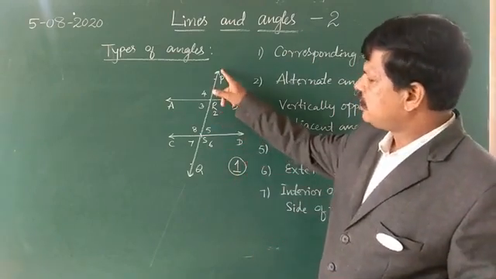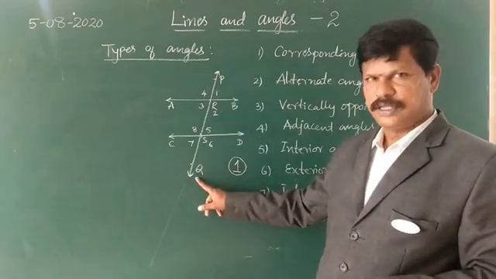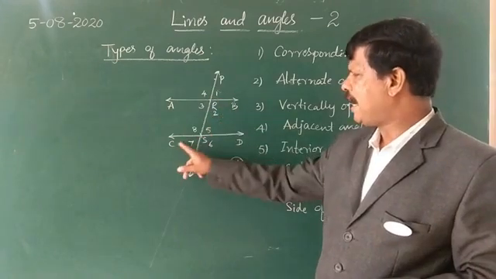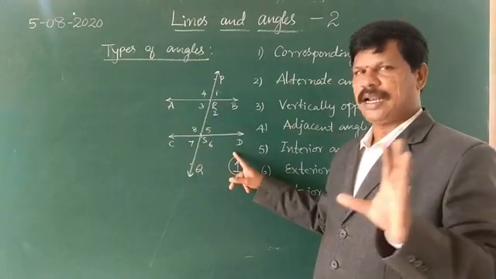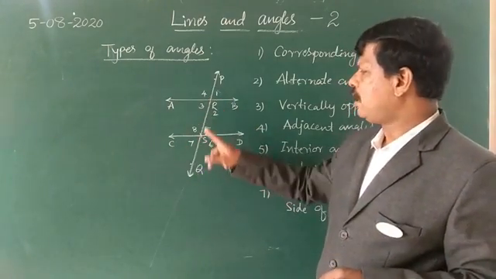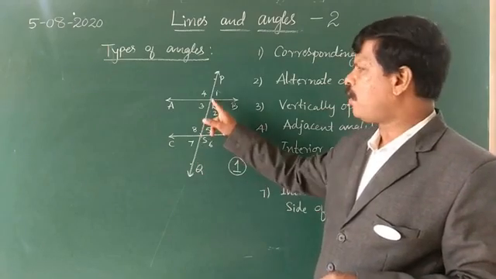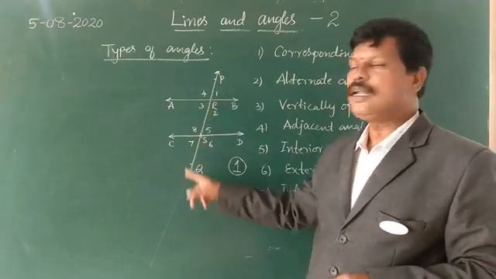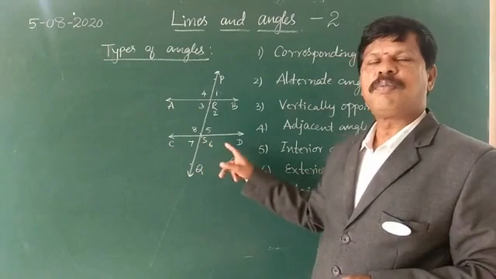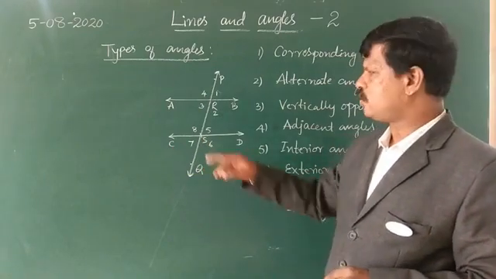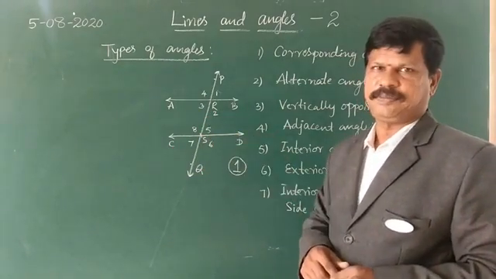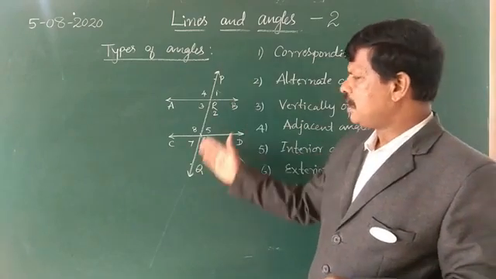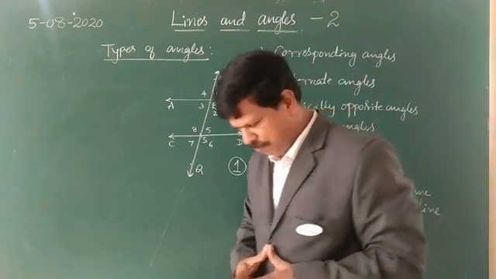See here, this PQ is a transversal line, and AB and CD are the parallel lines. R and S are the points where the transversal intersects the two parallel lines at two distinct points. Clear? So this is the transversal line.